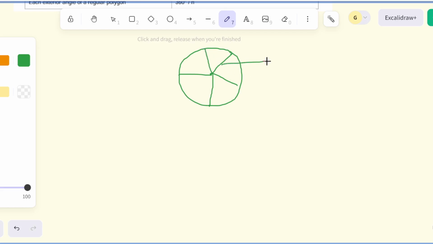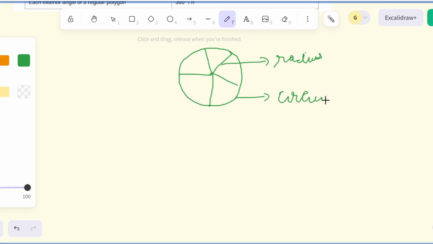And what is this distance known as? Radius. So the center of the circle will be equidistant from all the points on the curved line. And the length of this curved line is known as the circumference.